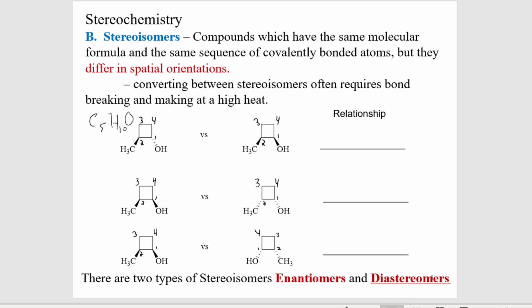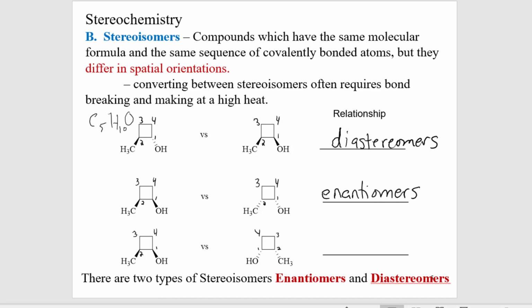Now I'm going to tell you right now that the top two are diastereomers. The relationship between the middle two are enantiomers.